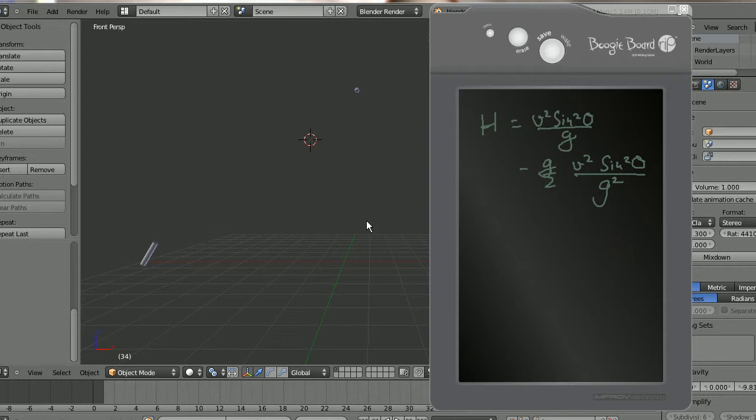Just plugged in the values, and one g cuts with one g here, and therefore maximum height is equal to v square sine square theta by g minus half v square sine square theta by g, and therefore maximum height is equal to half of v square sine square theta by g.